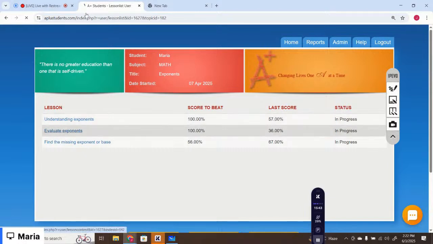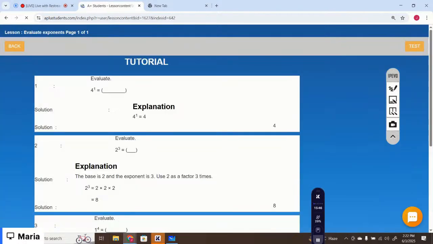Evaluate exponents. Let's just start with the next lesson. So now we're going to learn how to evaluate exponents. Just look at the first example, that is 4 exponent 1. 4 exponent 1 equals 4.